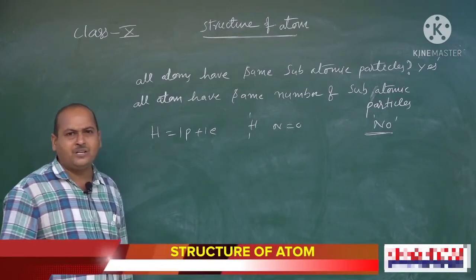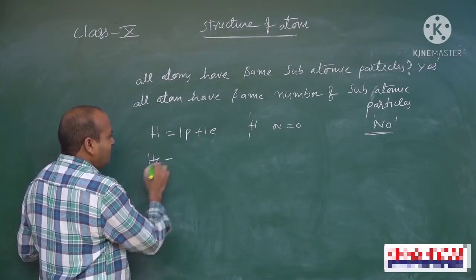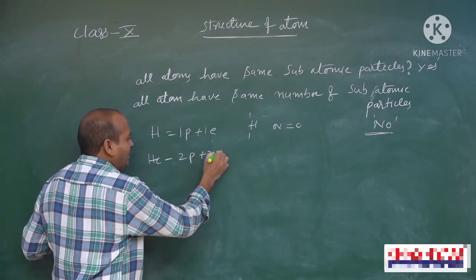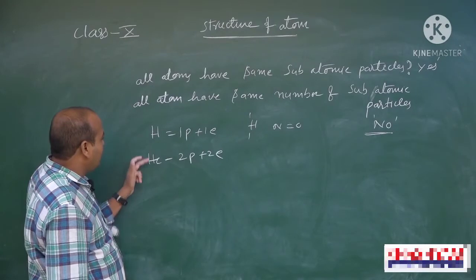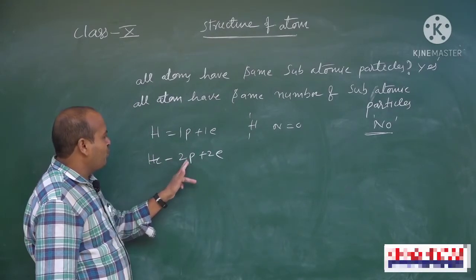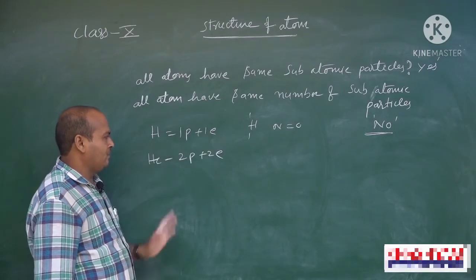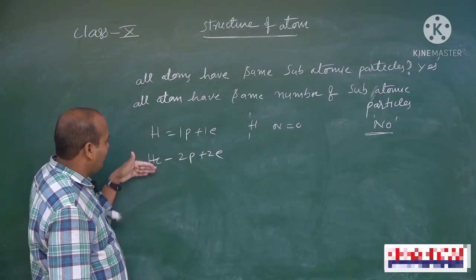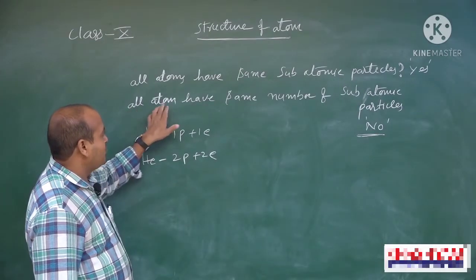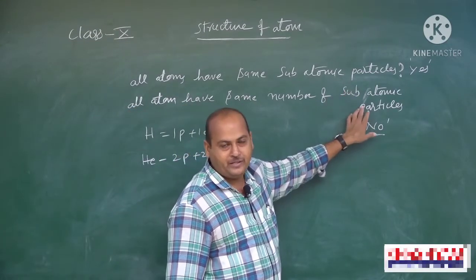If you take helium, it has 2 protons and 2 electrons, whereas hydrogen has 1 proton and 1 electron. So they are different from one another. Do all atoms have the same number of subatomic particles?